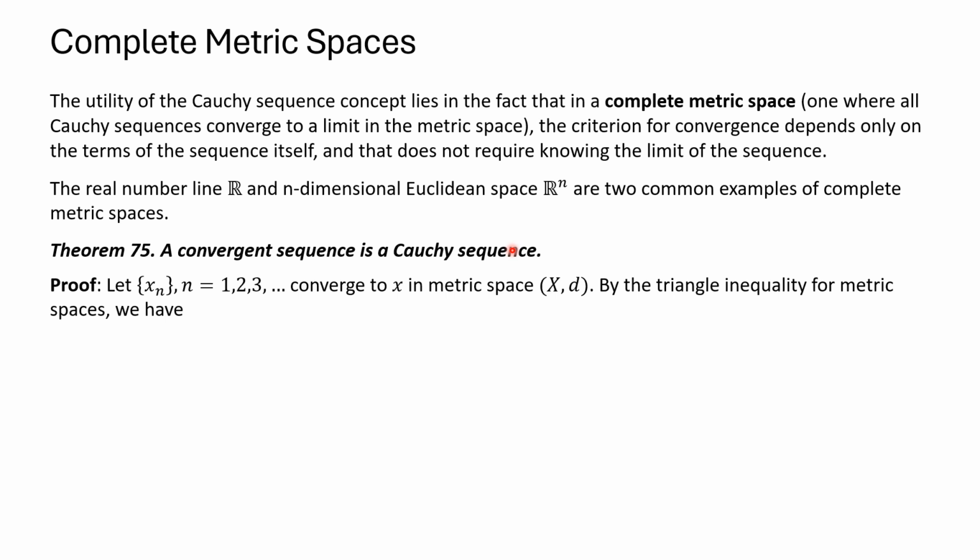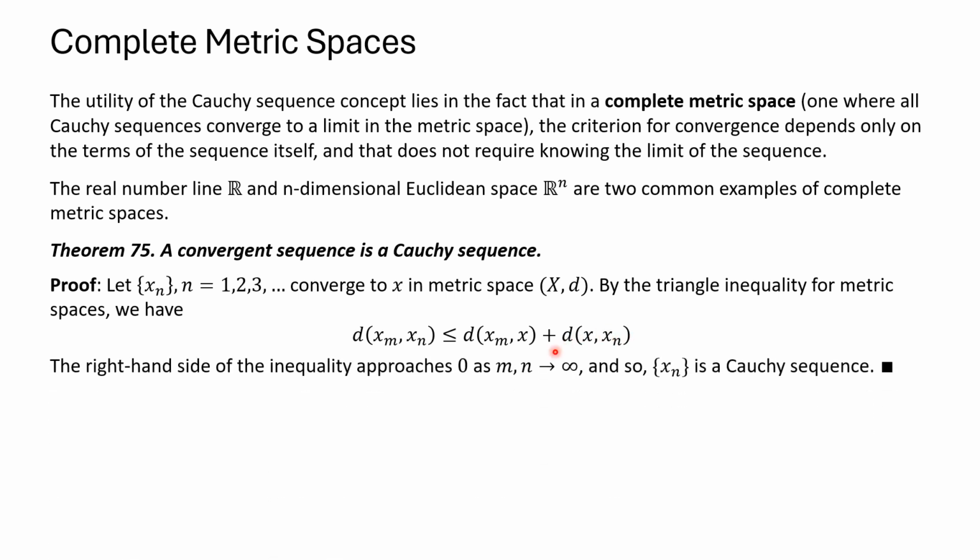Let's see, that's pretty easy to prove. Let's take the sequence x sub n, which converges to x in some metric space, capital X. So that's the assumption in our theorem. Then by the triangle inequality, we have the distance between x sub m and x sub n is less than or equal to the distance between x sub m and x plus the distance between x and x sub n.